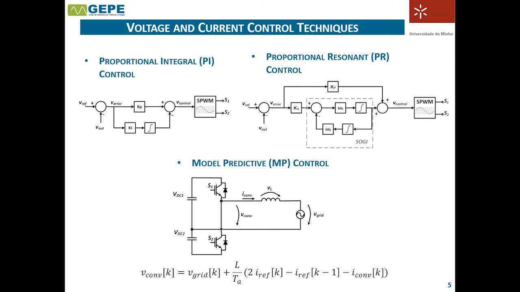This control algorithm has the advantage of having no closed loop gains, depending only on the constituent elements of the system and the quality of the electrical model used. This allows the control system to have a good response to unpredictability of the loads that can be connected to the system. The equation used for voltage control is shown on this slide.